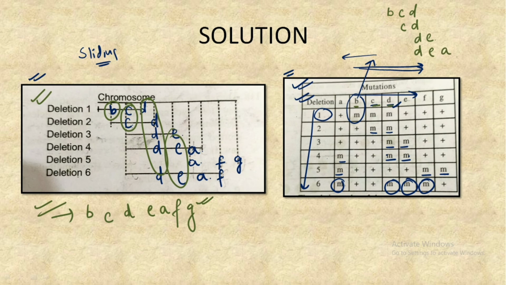Make sure you go in the same direction. Then we have F, G and A, so write down A, F and G. You need to write the same genes underneath the same genes in order to find the correct answer.